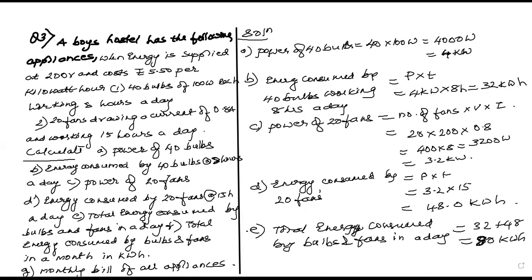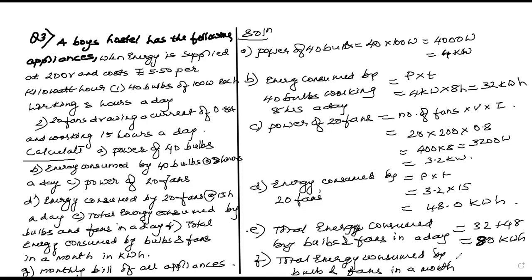Now what they are saying, children, okay? Therefore, total energy consumed by the bulbs and fans in a month. So F is total energy consumed by bulbs and fans in a month.